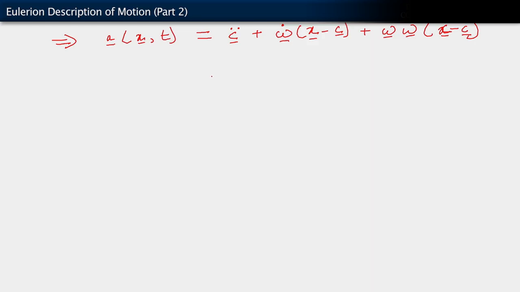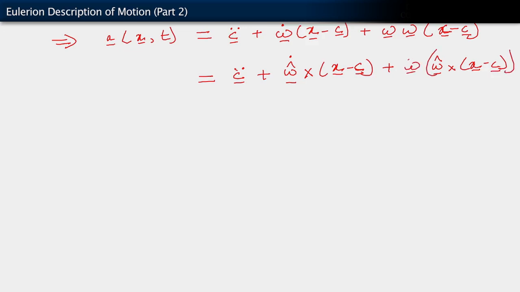So that lets us write this out as C double dot plus omega hat dot, remember, omega hat is a vector, crossed with x minus c, plus the first omega acting on x minus c as omega hat cross x minus c, and the second one as omega hat crossed with all of omega hat cross x minus c.